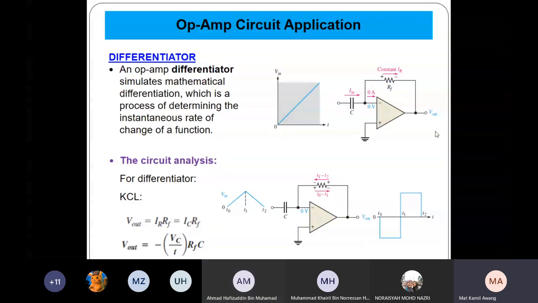Now the last one is the differentiator. The differentiator simulates mathematical differentiation, which is the process of determining the instantaneous rate of change of a function. So this is the circuit analysis.